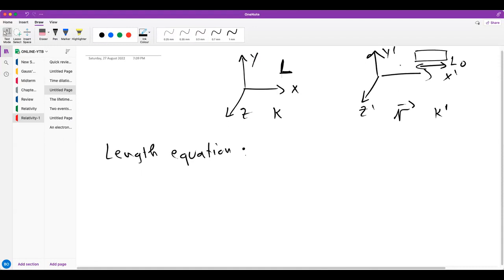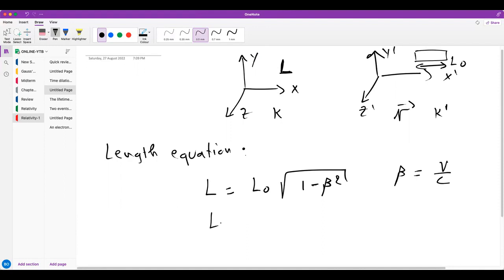This length is equal to L0 times the square root of 1 minus beta squared. Of course, beta is equal to v over c, or we can also write it as L0 over gamma, where gamma is 1 over the square root of 1 minus beta squared.